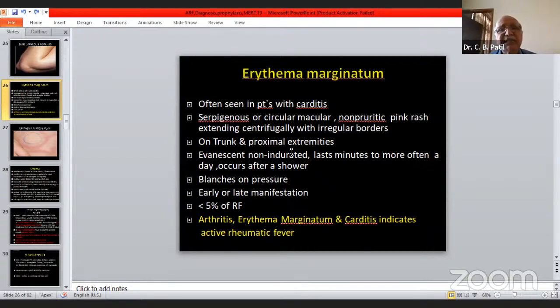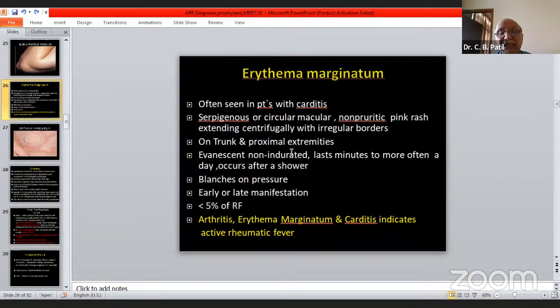Evanescent, that is very transient, non-indurated, lasts minutes to more often a day, occurs after a shower, blanches on pressure, early or late manifestation, hardly seen in less than 5% of rheumatic fever patients.